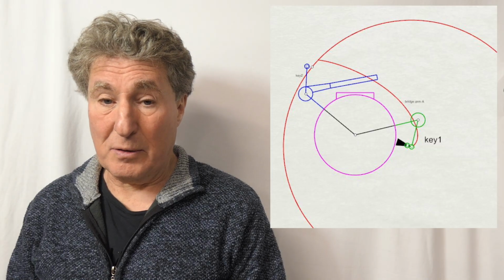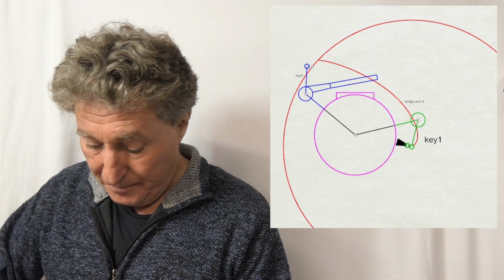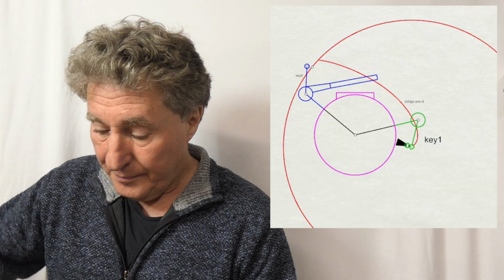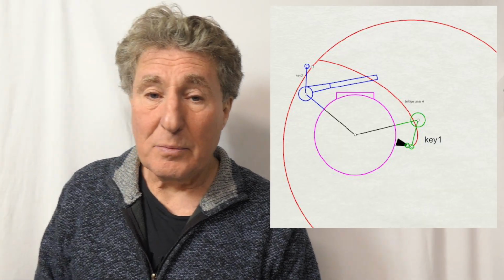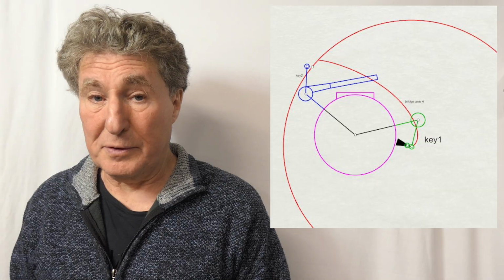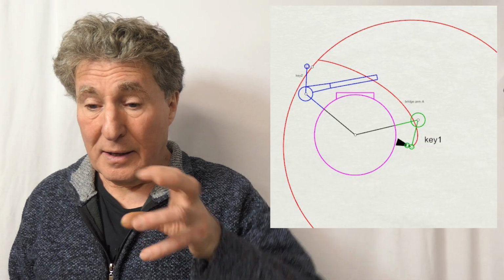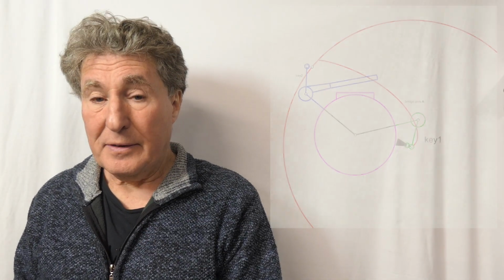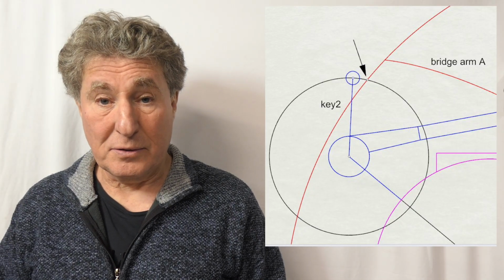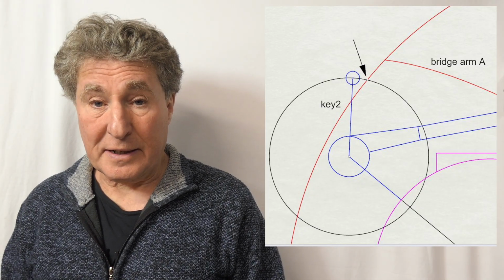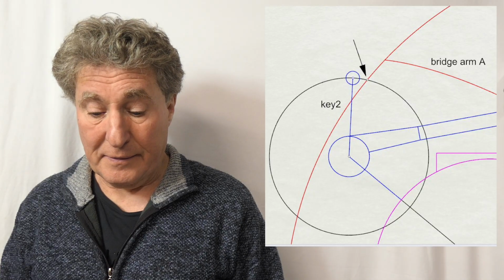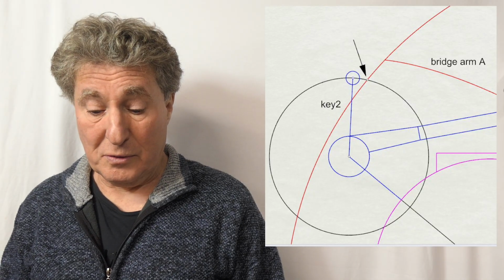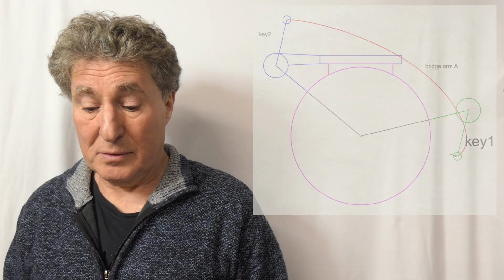The red circle defines the range of motion of bridge link A. Key number 2 also has a limited range of movement because it's rotating around the hinge, and the contact point with the bridge link is defined by the black circle. You see the black circle and the red circle intersect. I made a little arrow there, and that is where key number 2 will move. And thus key number 2 closes.